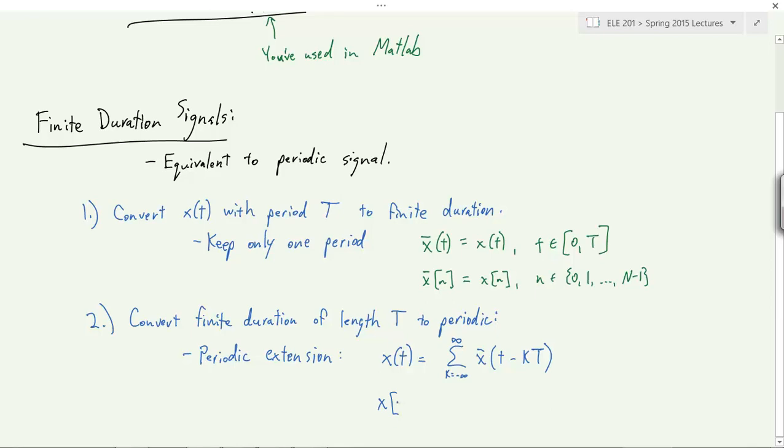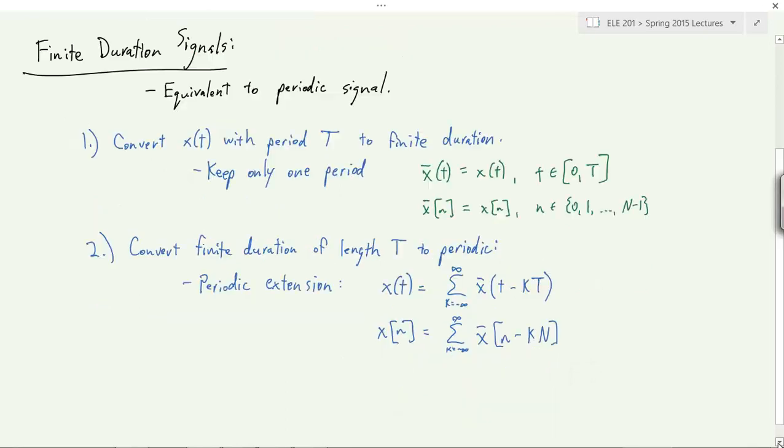Discrete time is the same thing. All right, so this is not a complicated process.